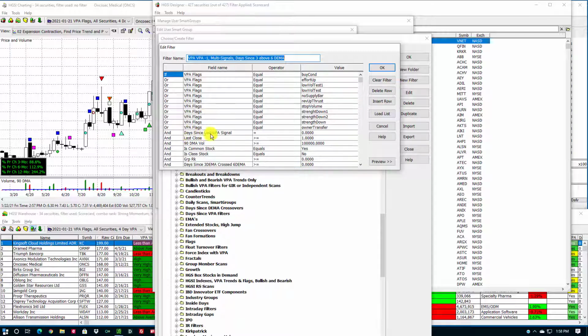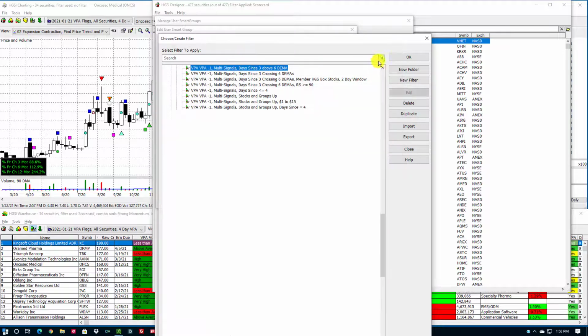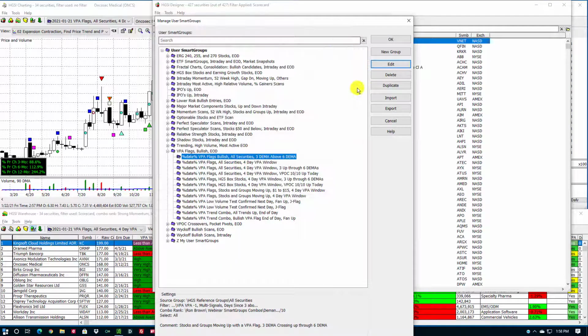And I'm looking for a VPA signal today, so days since the last VPA signal equals 0. If any of these bullish VPA flags appear, the stock is going to appear through this scan.